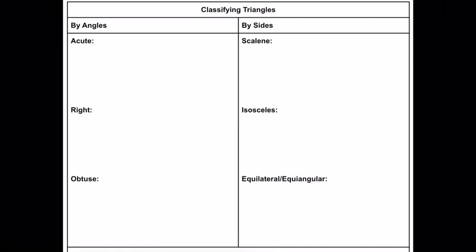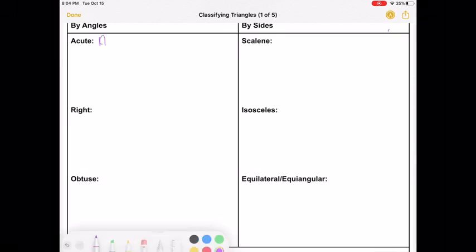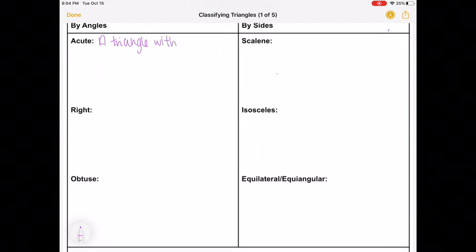So like, how can you describe it or name it? And there's two ways you can do that: by their angles. Again, like I was saying, this is probably something that you know, but just in case. So first of all, acute, all right? You know that is a triangle with all angles, I'm going to do the angle symbol like that, less than 90 degrees.